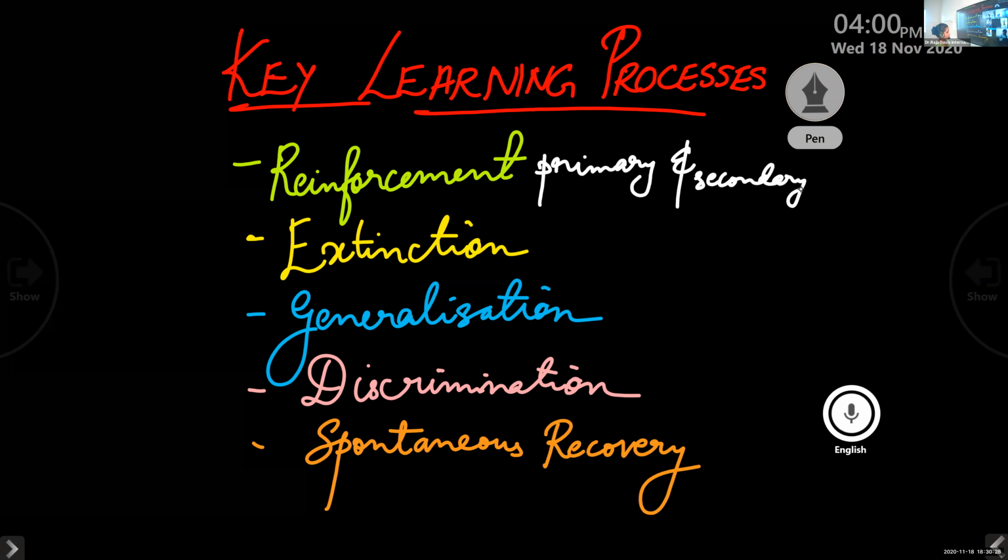In partial reinforcement, what happens? There is greater resistance to extinction in partial reinforcement than in continuous reinforcement. So that means there are fewer chances of extinction in partial reinforcement when compared to continuous reinforcement. So extinction means the absence or the forgetting of the learned response or the learned behavior.